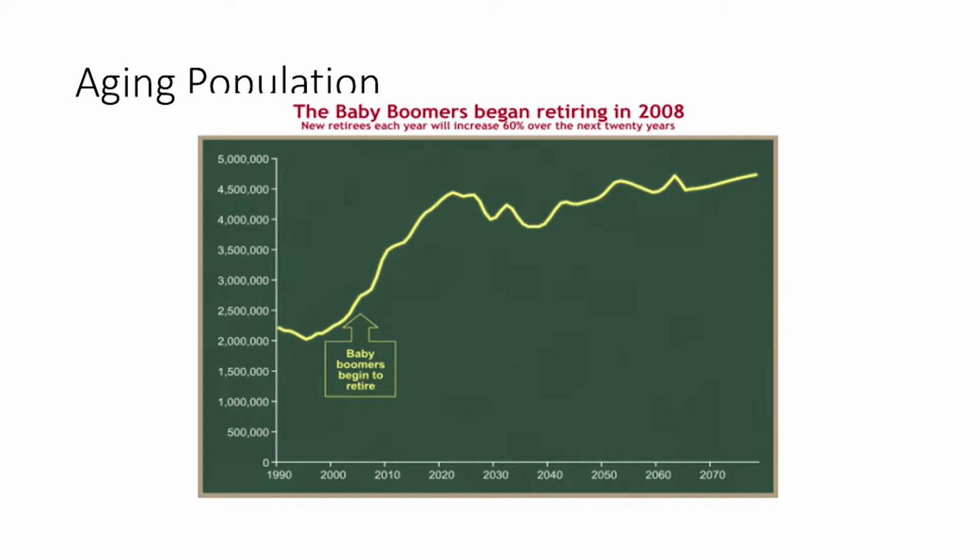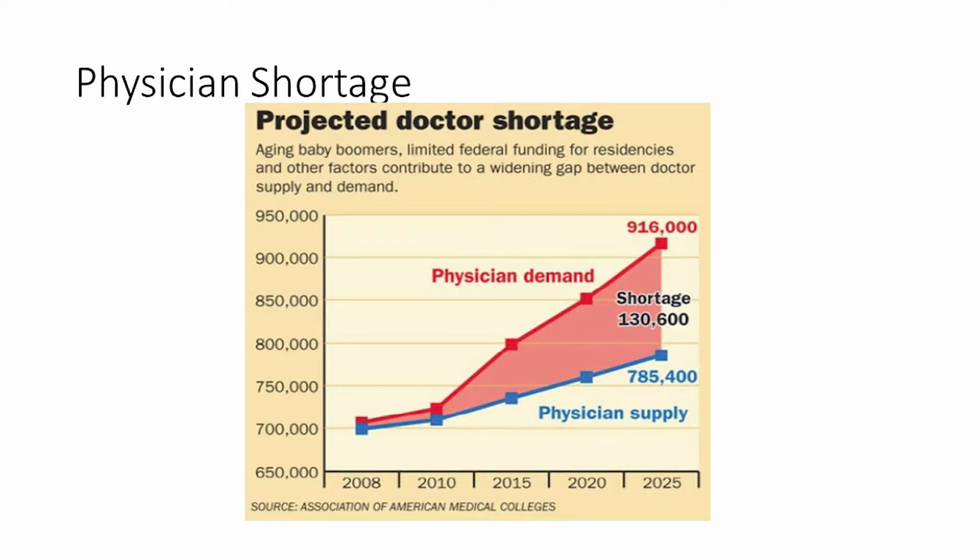And what that means is once you retire, or around the time that you retire, you probably will become eligible for Medicare. We're also projecting a physician shortage. There are also projections of nursing shortages, where the supply is not able to meet the demand.